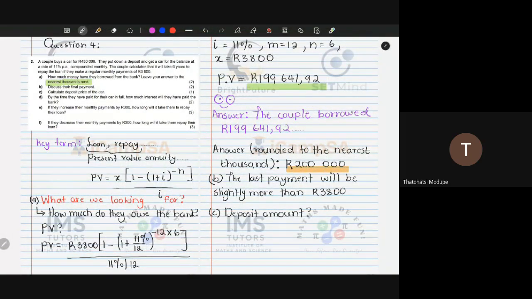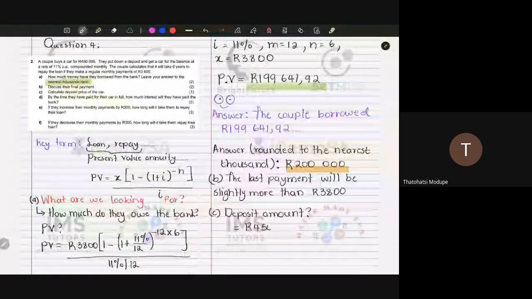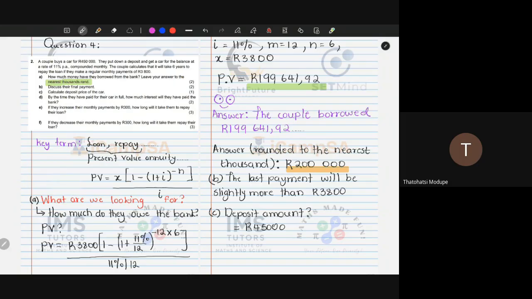So if you think carefully, for the deposit, what happened is you had the 450,000. Remember that we are looking at the money which we borrowed from the bank. So we are owing it 200,000. So you just solve for X, which is very simple. We owe the bank 200,000, but the car was 450,000.